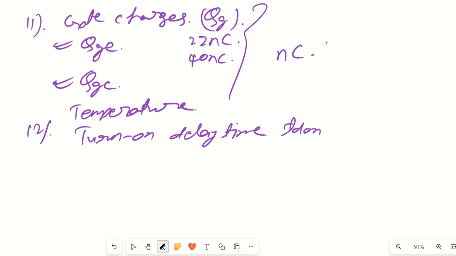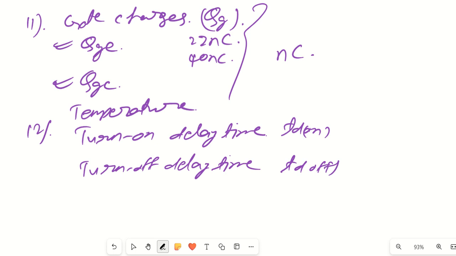So TD on, TD off, like that, delay time. Similar to that, turn off delay time, TD off. So what is the turn on time? What is the turn off time?